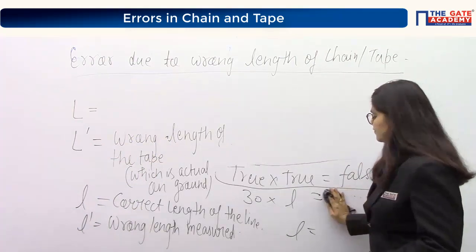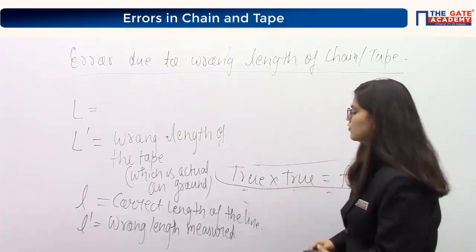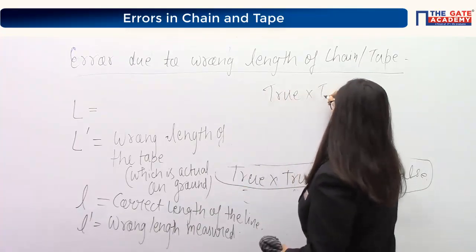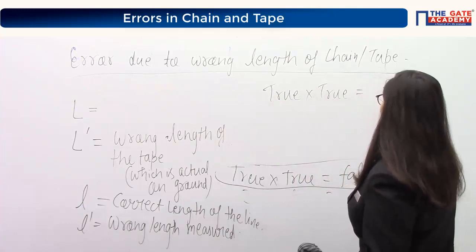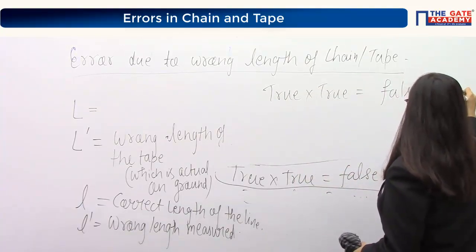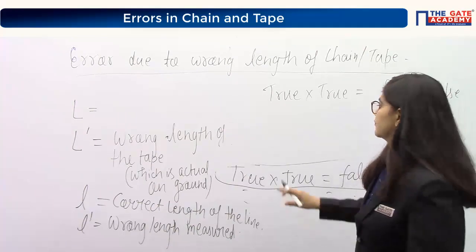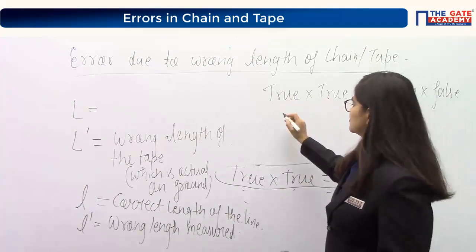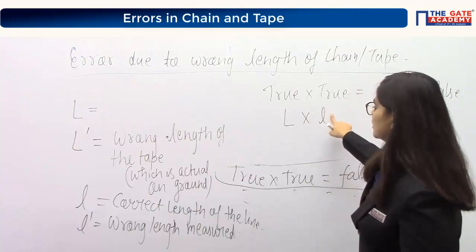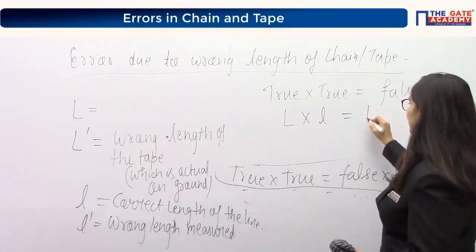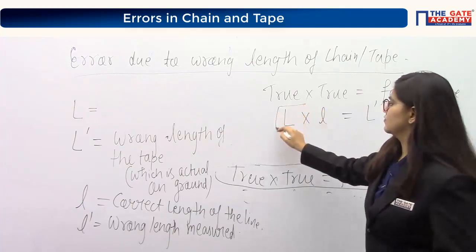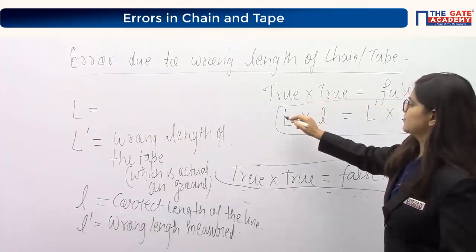After that, write true into true is equal to false into false. Okay. In place of true, just write capital L into small l. Then here capital L dash and small l dash. Just this thing.